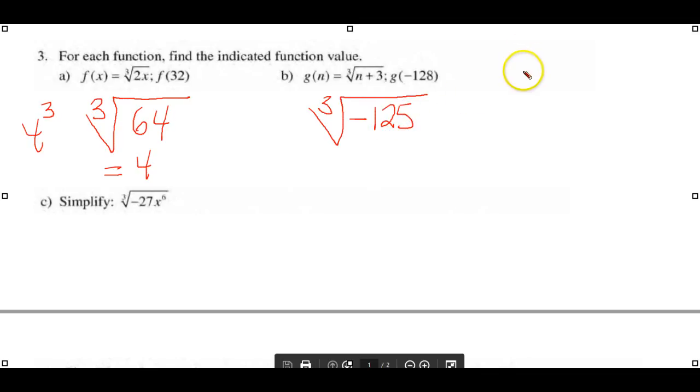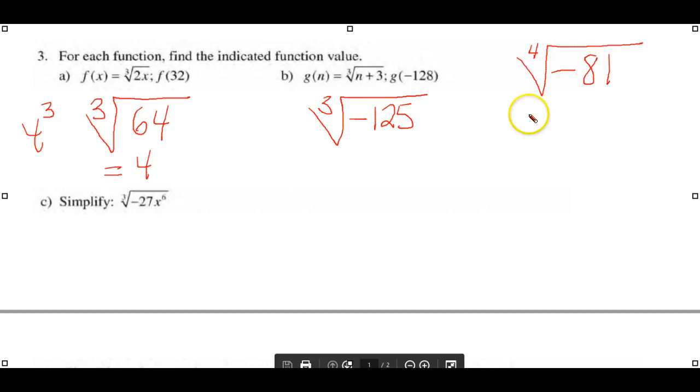Now, you may recall from earlier lessons, if we have the square root of something, or there's an even index number, you are not allowed to have a negative under the radical sign. Why not?